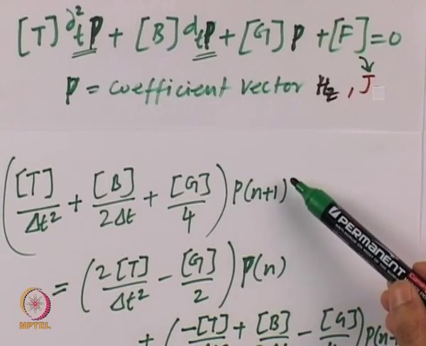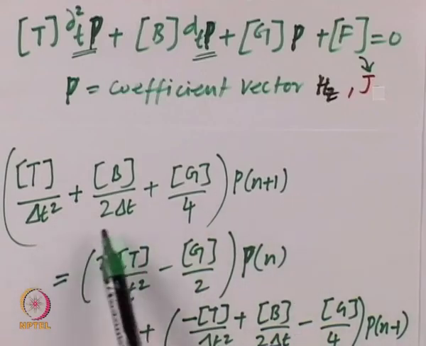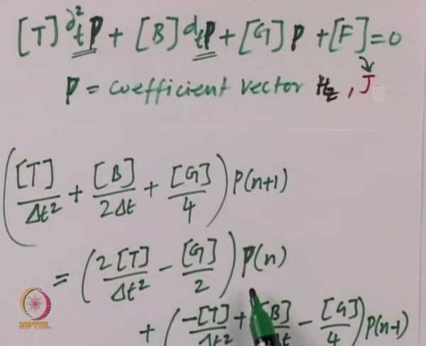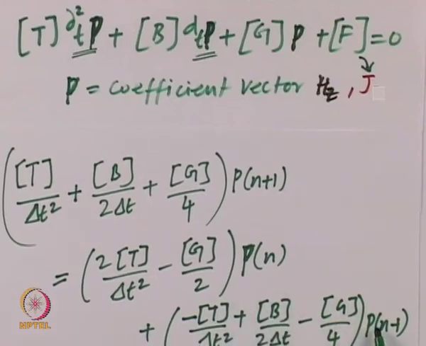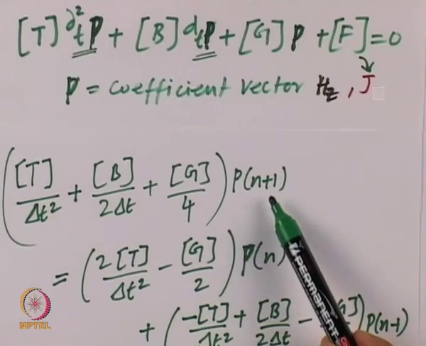So what you have on the left hand side of this equation is nothing but the update equation for the n plus 1 step based on the values of P at the n and n minus 1 steps. So it is an explicit model to compute the value of the equation.